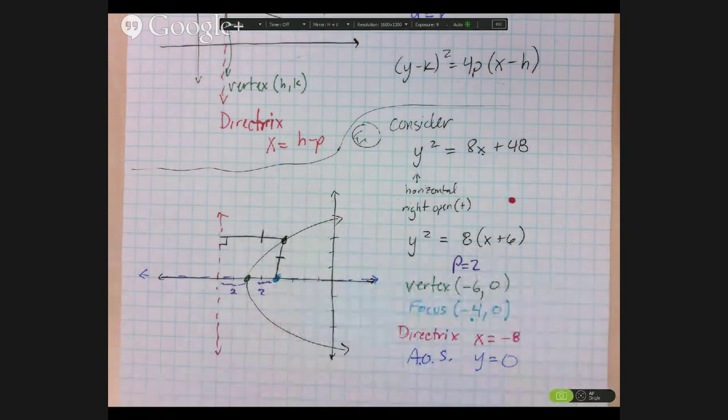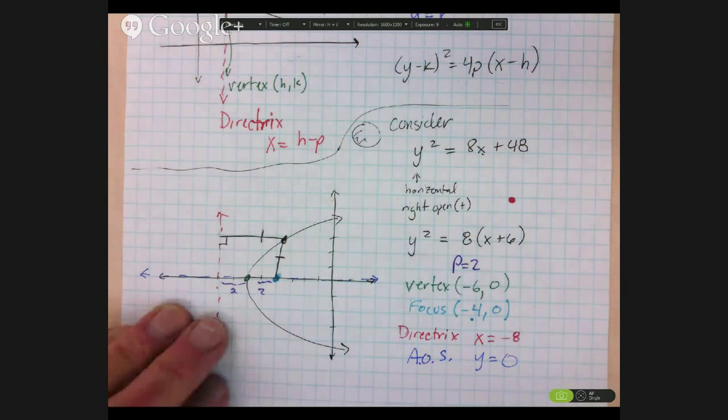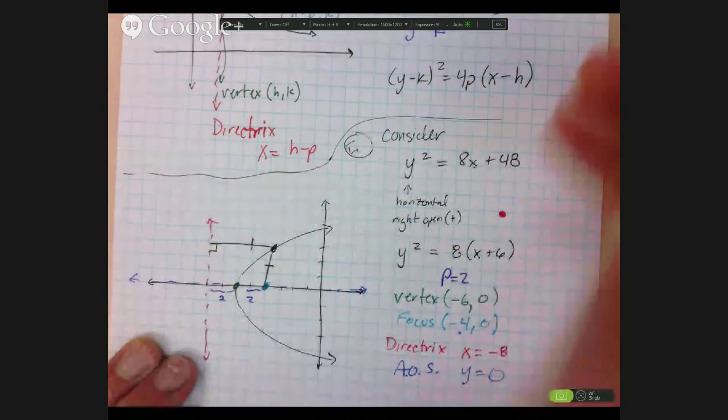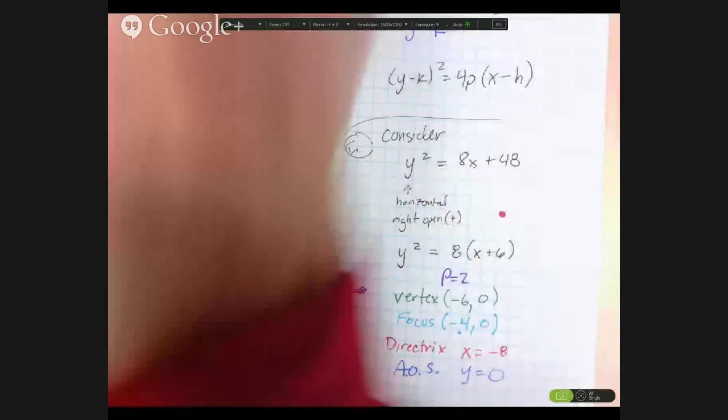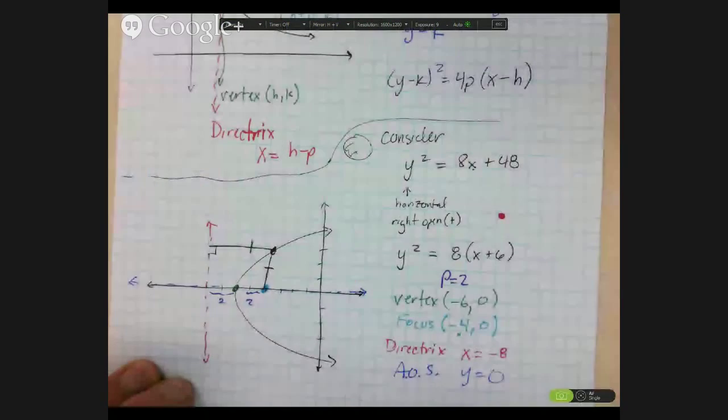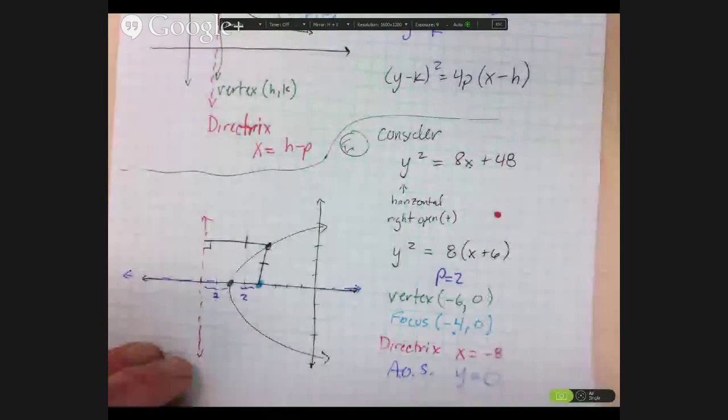Mine is not drawn correctly, as you can see. It needs to be wider. But those two distances anywhere on the parabola should be the same. Focus to any point, to the directrix perpendicular. So that would be the easier examples.